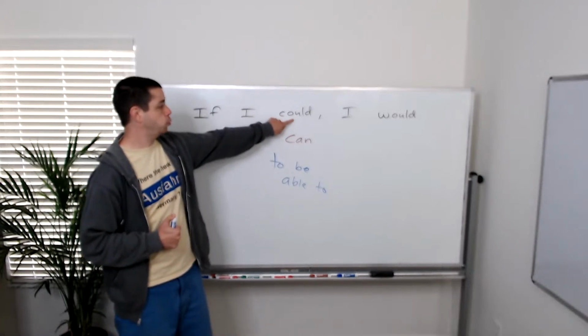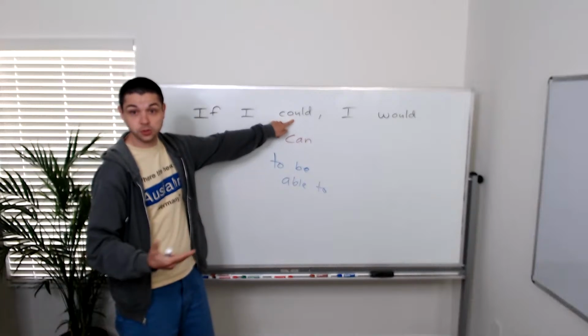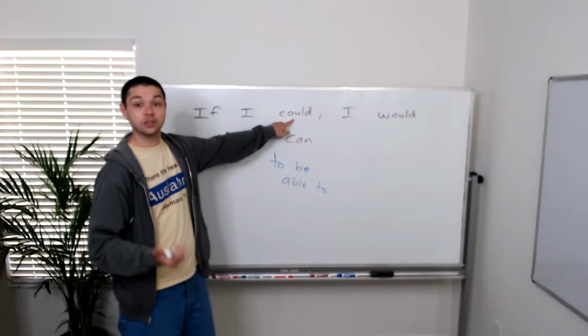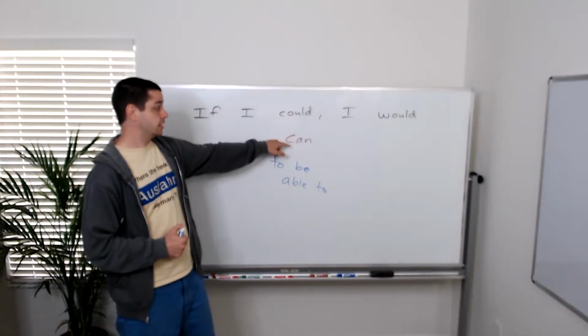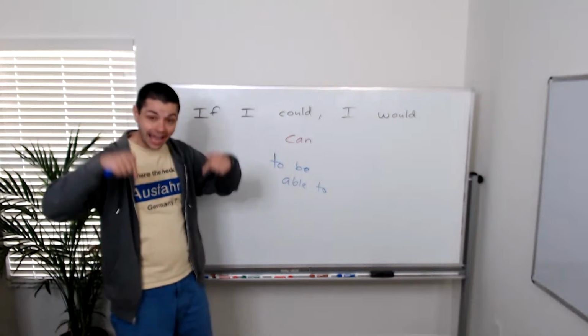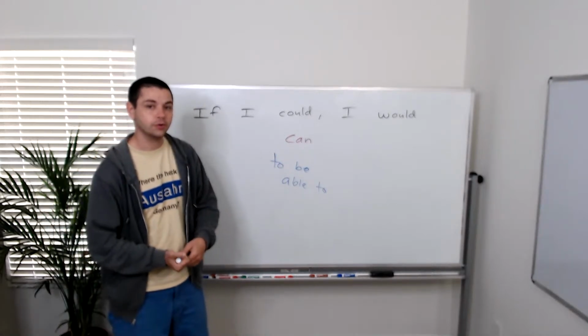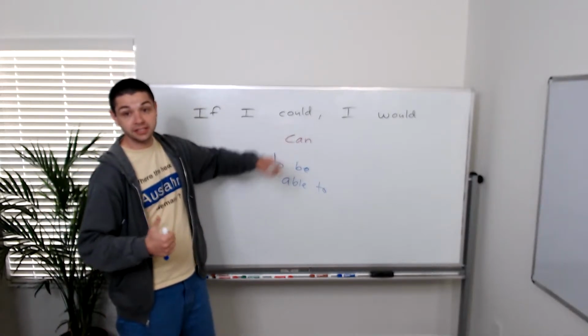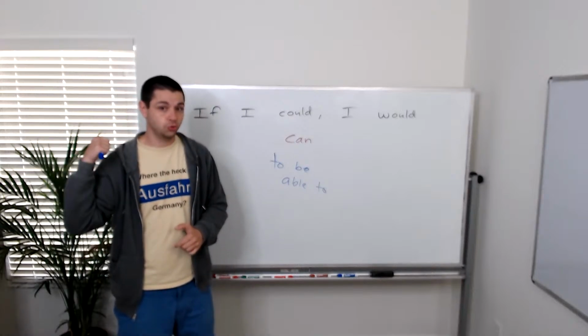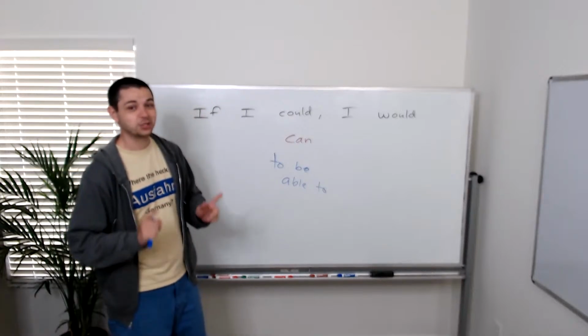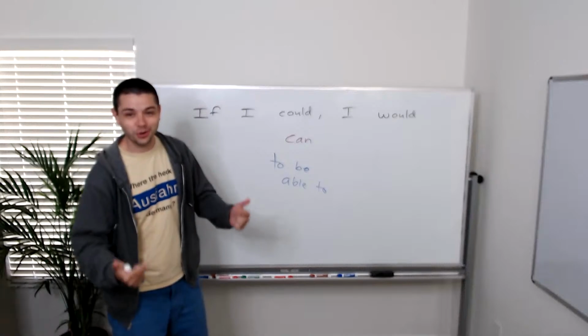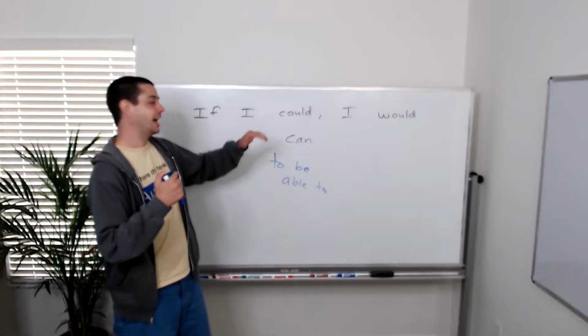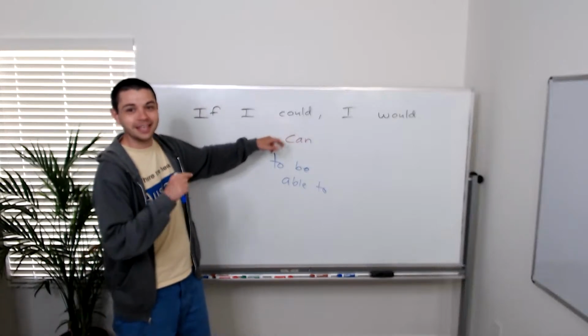This is what could means. Can means I am able to now. Could means I was able to in the past, but could also means I would be able to.